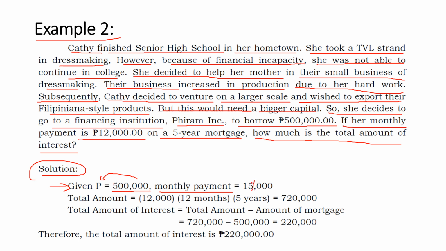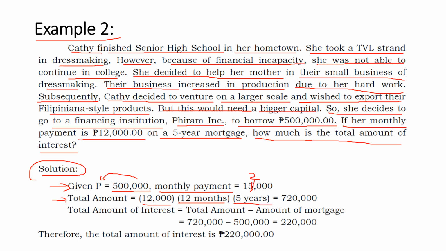So there's a typographical error here. This will be 12,000 pesos as the monthly payment. And for the total amount, we simply multiply this 12,000 pesos by 12, because there are 12 months in a year, and by 5 years because we are dealing with a 5-year mortgage.